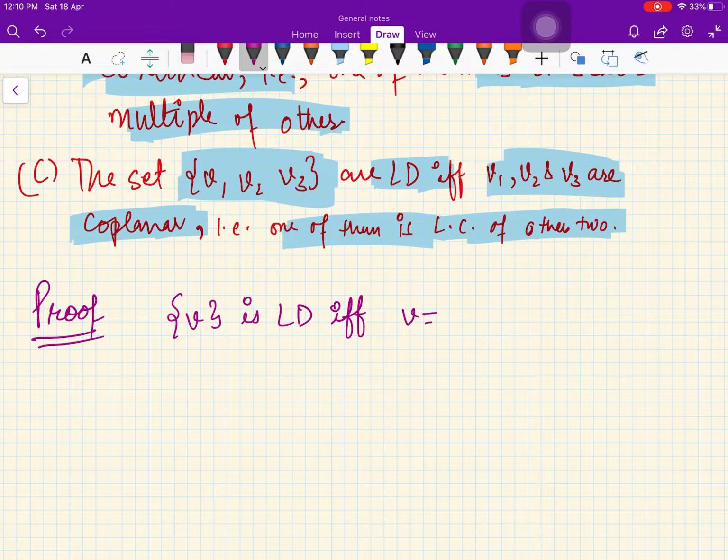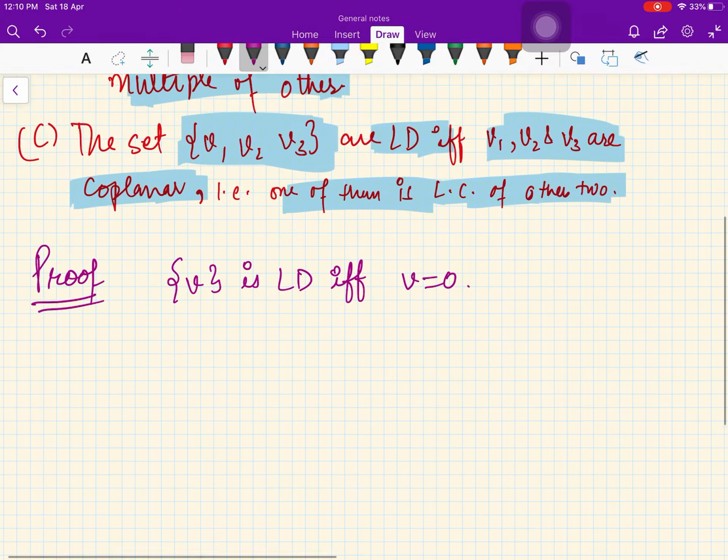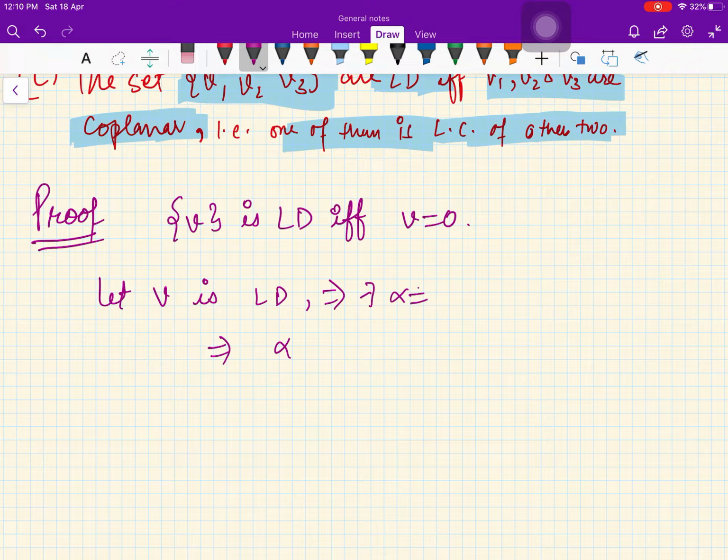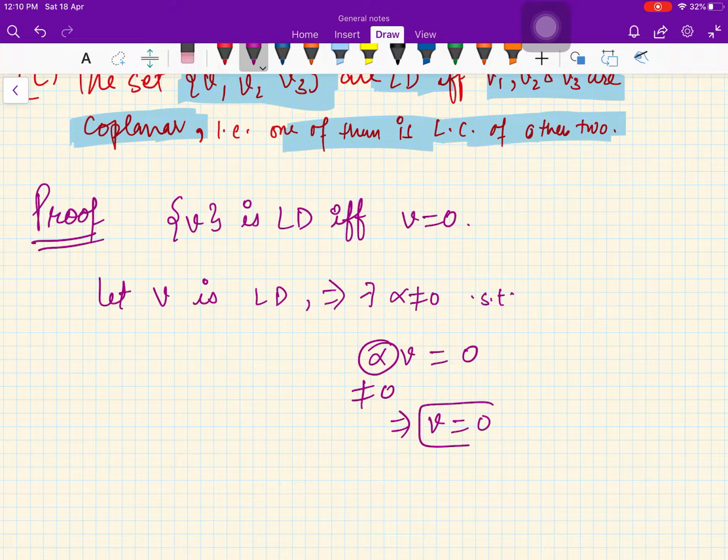I have a vector v which is linearly dependent if and only if v is 0. This is what I want to prove. Let v be linearly dependent. It means that there exists alpha not equal to 0 such that alpha into v equals 0.